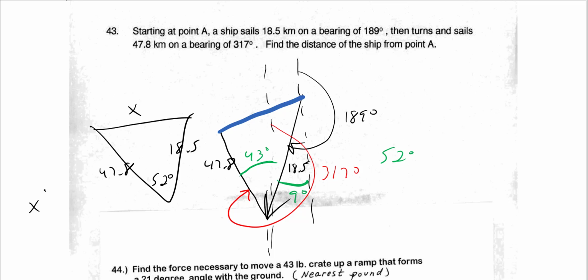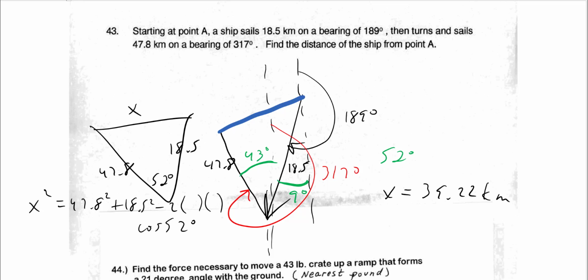So x squared is equal to 47.8 squared plus 18.5 squared minus 2 times 47.8 and 18.5. Don't forget it's cosine of 52 degrees. Really important. And don't forget to take the square root. So x comes out to be 39.22 kilometers. We're almost there.